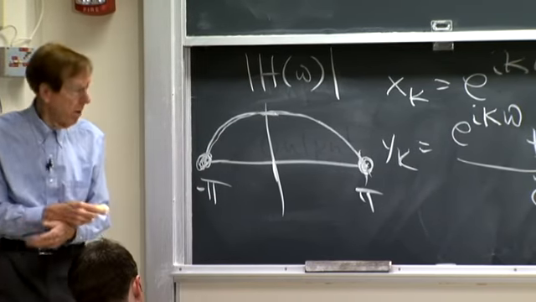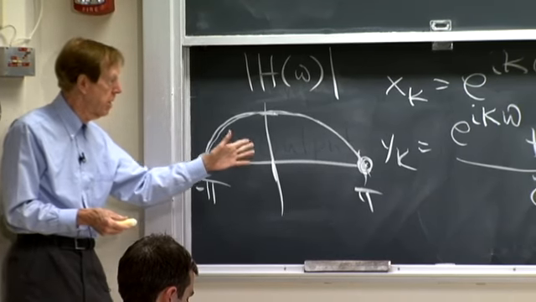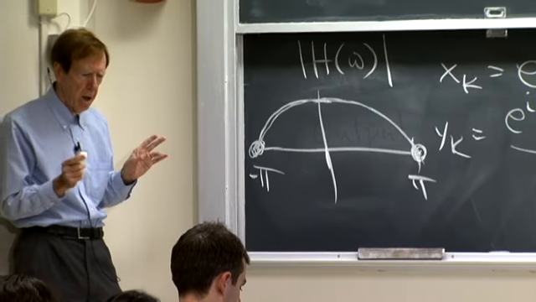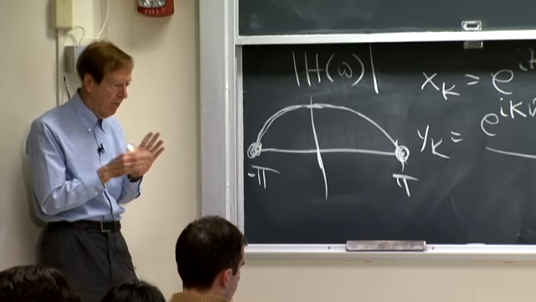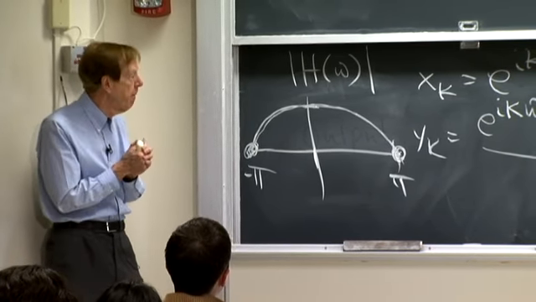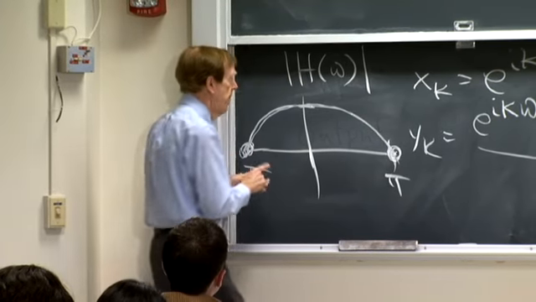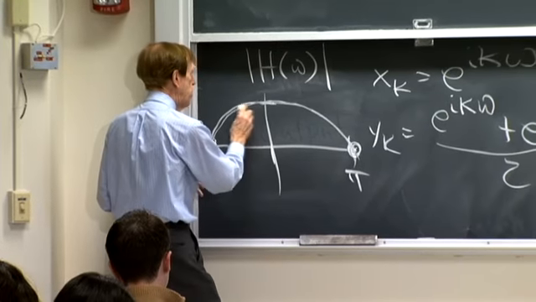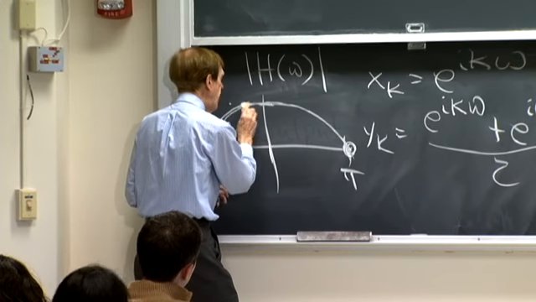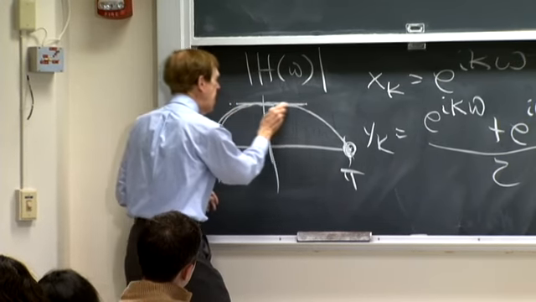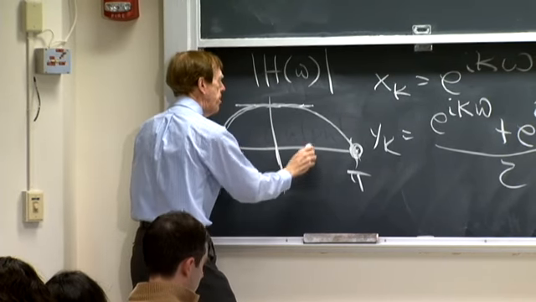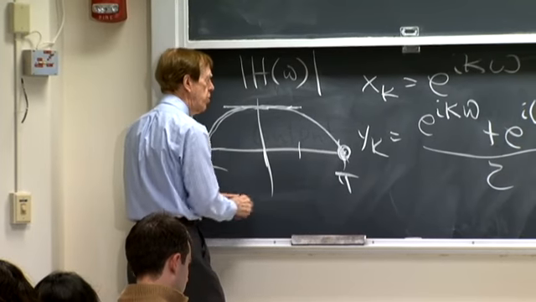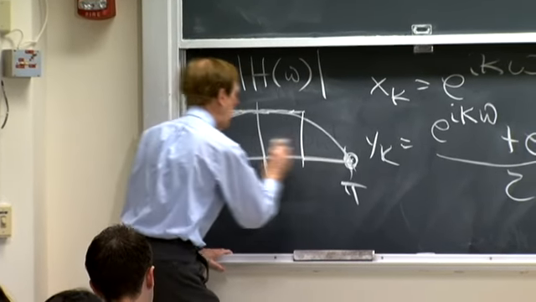So any engineer, any signal processing person looks at this graph of H of omega and says, that is a very fuzzy filter. An ideal low-pass filter would do something like this. An ideal filter would stay at 1 up to some frequency, say pi over 2, and drop instantly to 0.